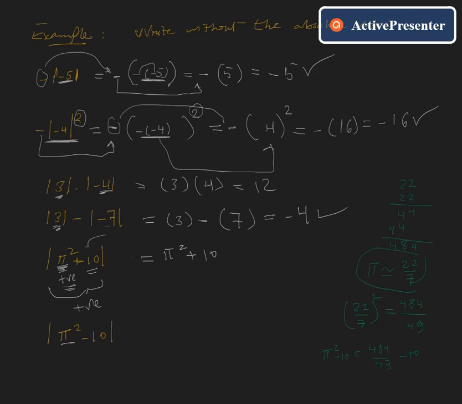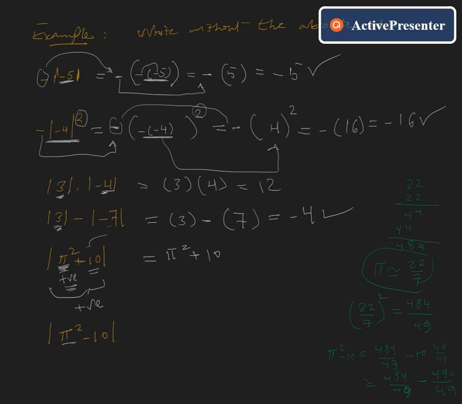To check now, we will simplify this. Multiply 10 by 49 over 49 to see what this is. So it is 484 over 49 minus 490 over 49.